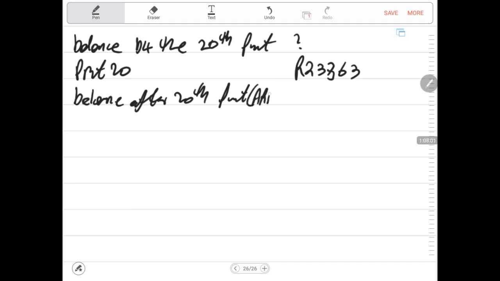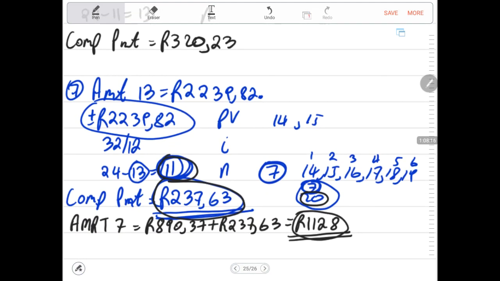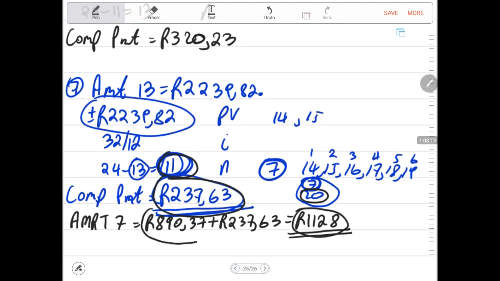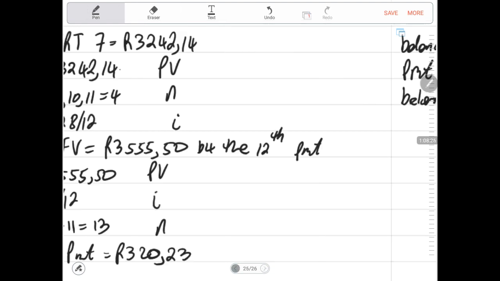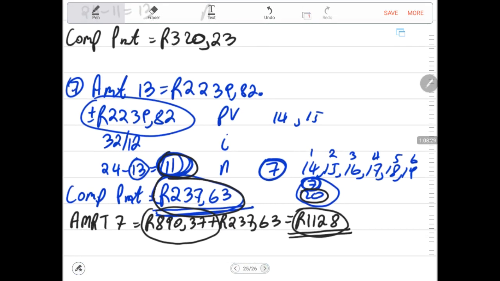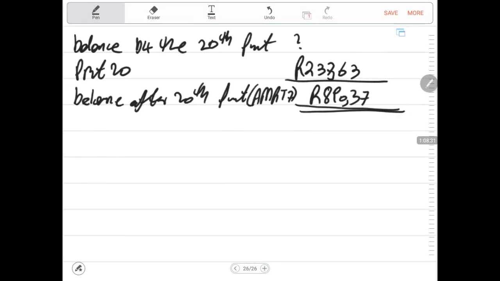We say amort 7, which is the 7th month, the 20th payment. We set amort 7, then we get the balance after, and that balance amounted to 890.37. This balance is what it is because we deducted the 20th payment.